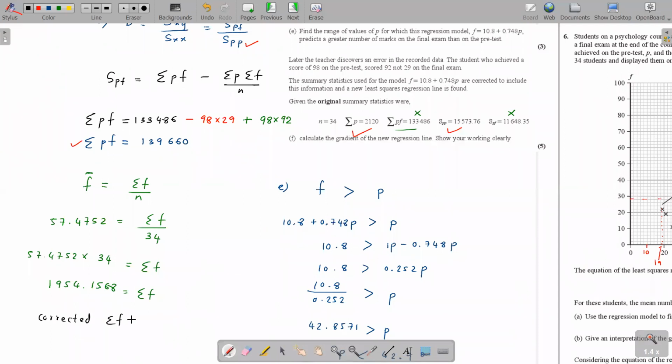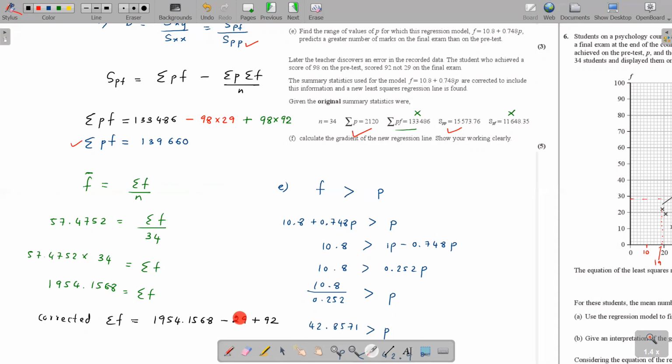Now, let's get the corrected sigma F. So how do I get the corrected sigma F? From this figure, 1954.1568, I subtract the wrong F value. The wrong F value is 29, right? I subtract the 29 and I add the new value, because in this summation for sigma F, we have added the wrong value 29.